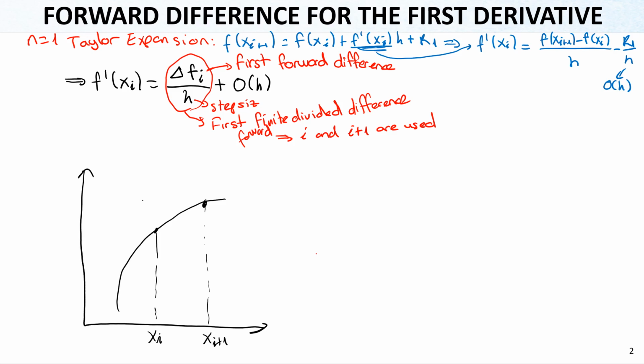And we know that the true derivative at xi is this tangent line, the blue line, the first derivative.